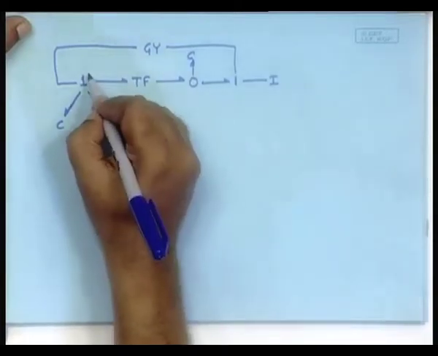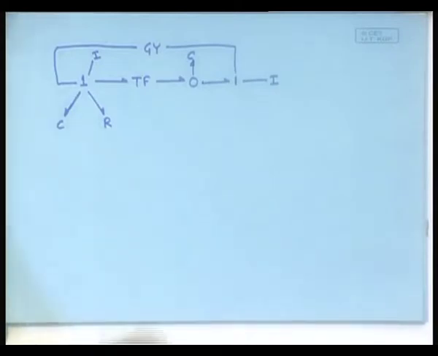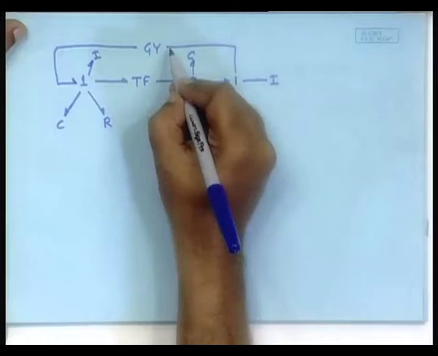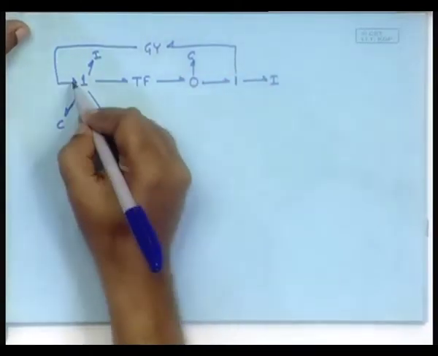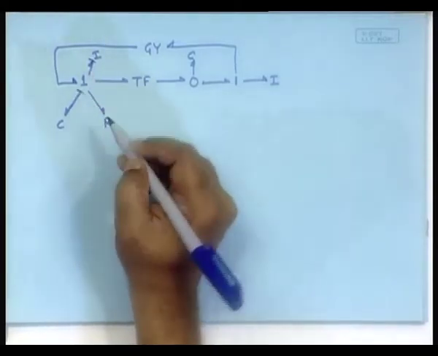Oh, there is an inductor I. So, done. I will have this, C will be this, R will be this.